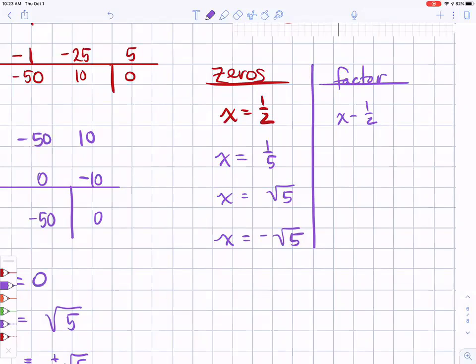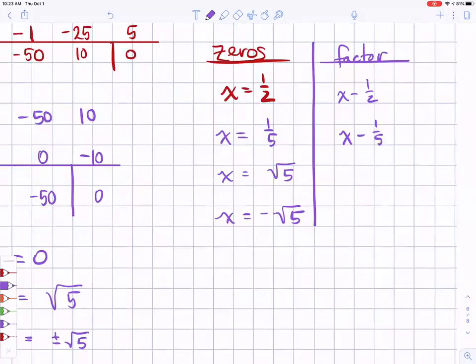What's the second factor? x minus 1/5. Mary Alice, you would have said 5x minus 1, and I'm okay with that. What's the third factor? I have x minus root 5. Did you write yours in a different order than I did? That's fine. And then x plus root 5 for the last one.